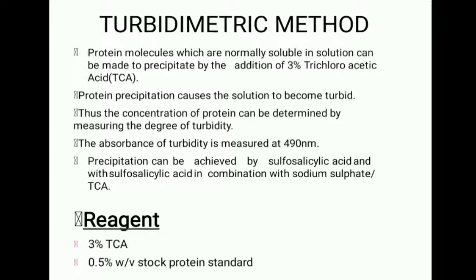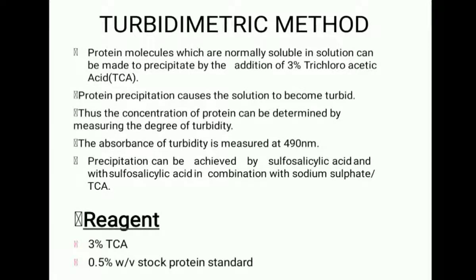Thus, the concentration of protein can be determined by measuring the degree of turbidity. The absorbance of turbidity is measured at 490 nanometer. Precipitation can be achieved by sulfosalicylic acid, and with sulfosalicylic acid in combination with sodium sulfate or TCA.